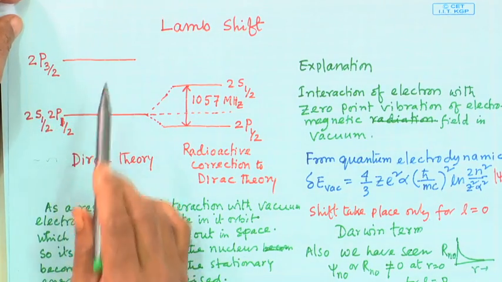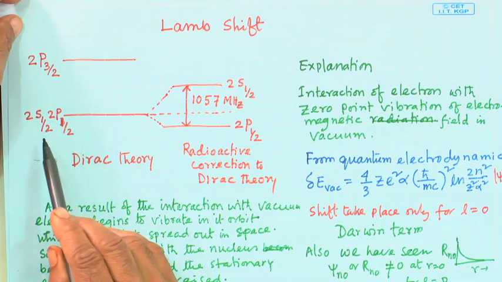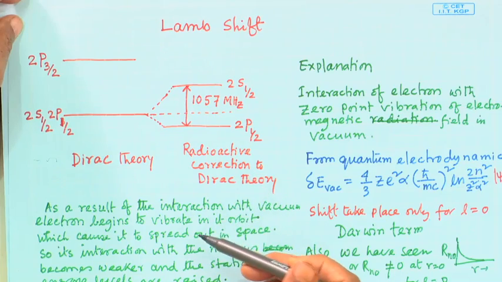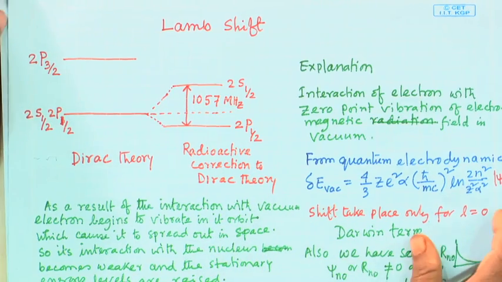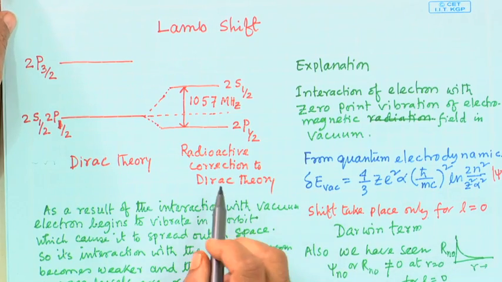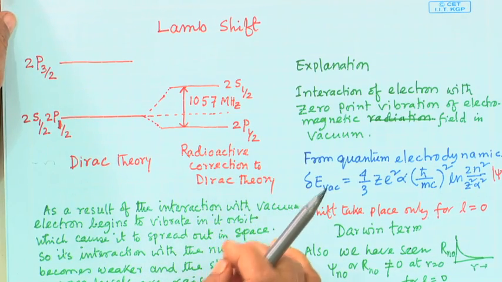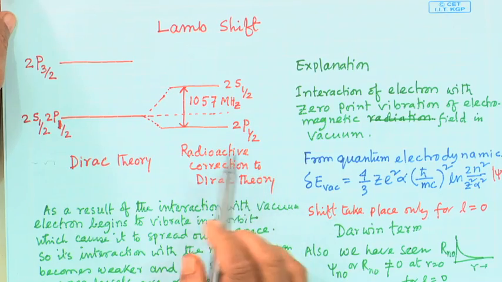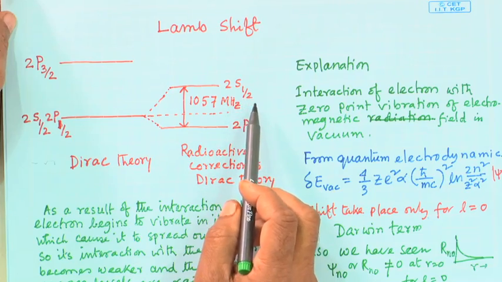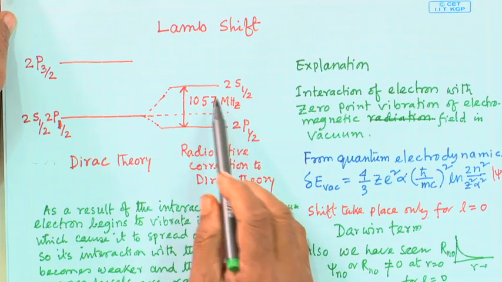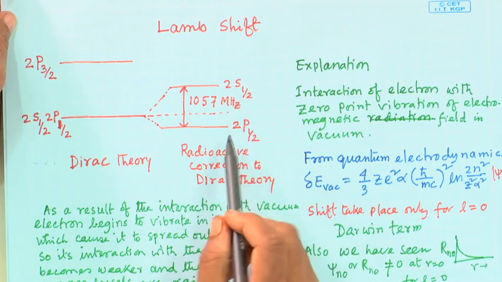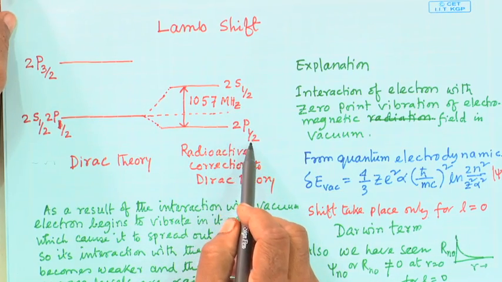This is P3/2 and this other is S1/2 and P1/2. But if one considers the radiative correction to the Dirac theory, calculated theoretically and also found experimentally, then it shows that 2S1/2 and 2P1/2 have different energy, and 2S1/2 is shifted upwards from 2P1/2.